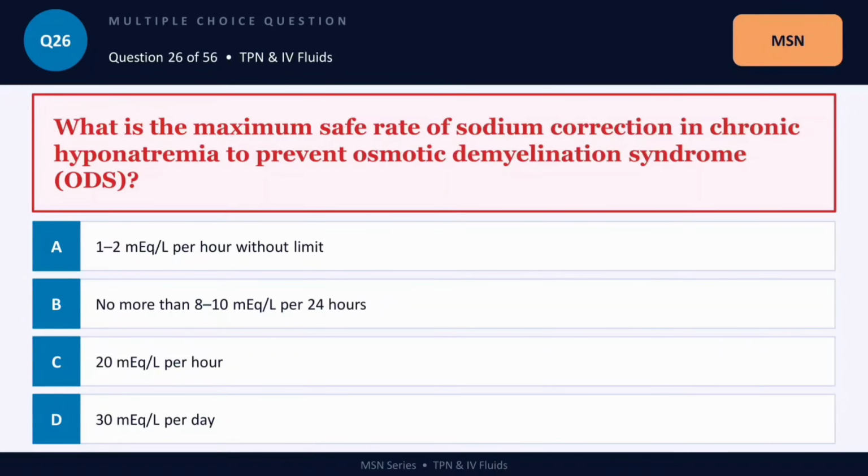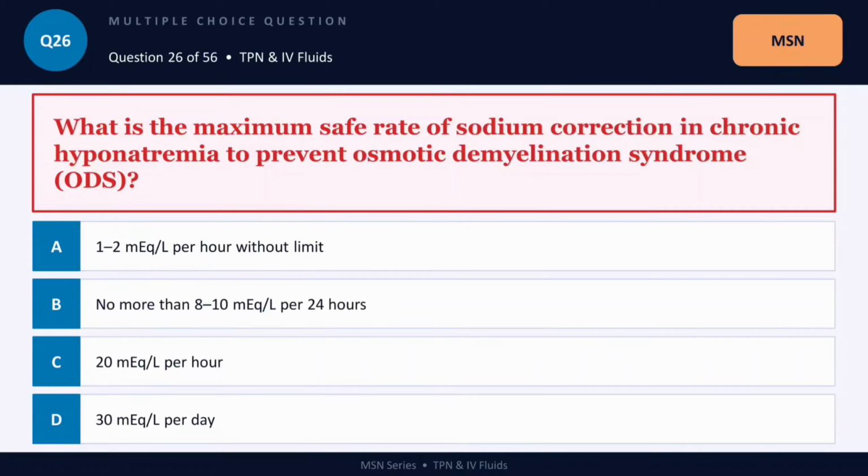Question number 26. What is the maximum safe rate of sodium correction in chronic hyponatremia to prevent osmotic demyelination syndrome? Option A, 1 to 2 mEq per liter per hour without limits. Option B, no more than 8 to 10 mEq per liter per 24 hours. Option C, 20 mEq per liter per hour.